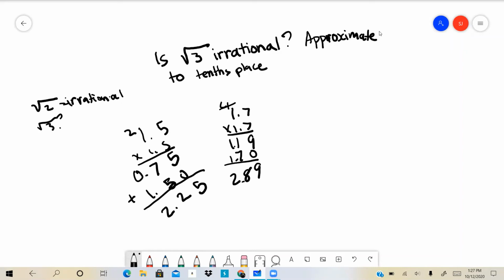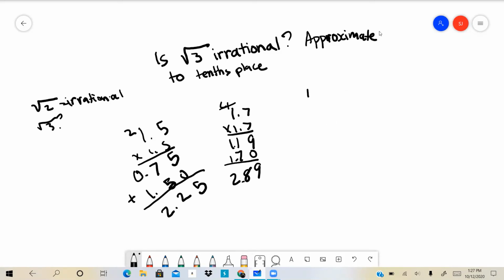Alright, and now what about 1.8? Is that any closer? Let me start over.